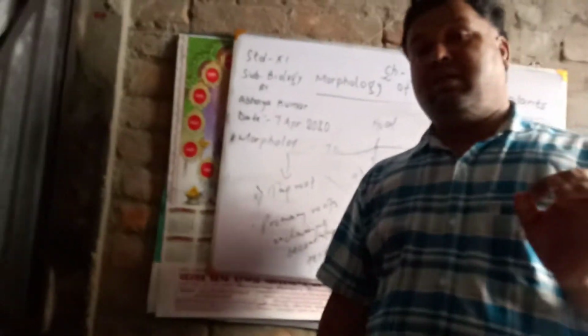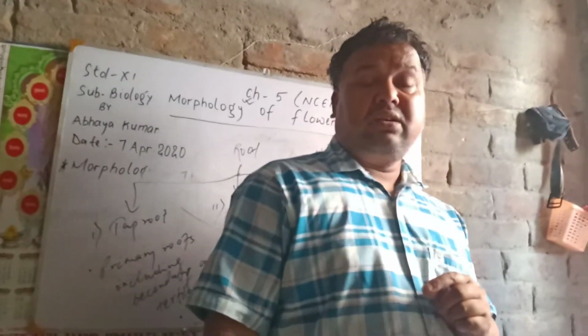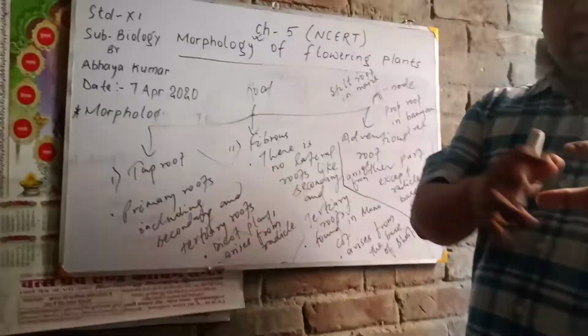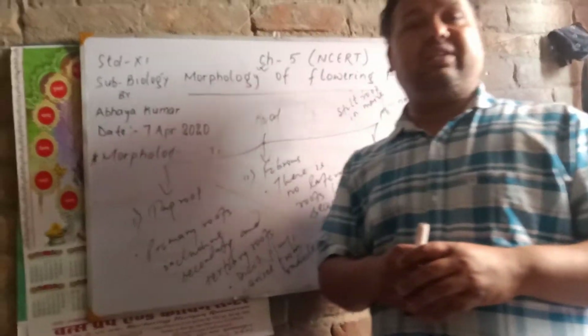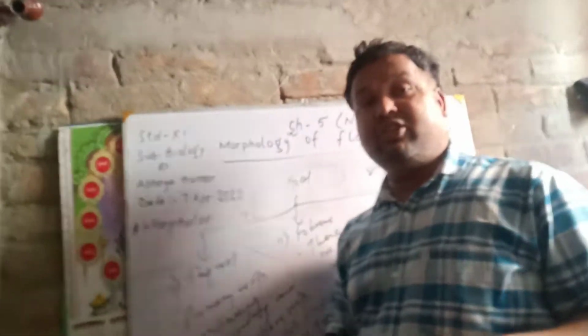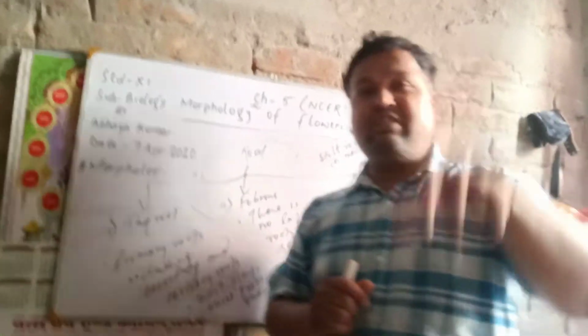Now, just after the root cap, there is a region of meristematic activity. There is cell growth, cells divide, and above the region of meristematic activity, there is a region of elongation.